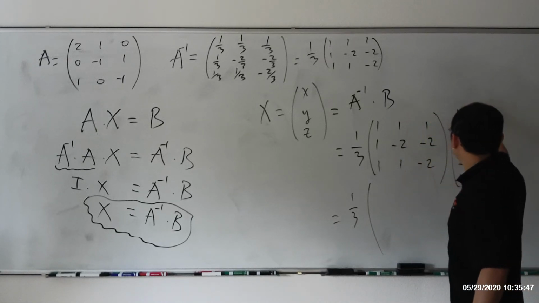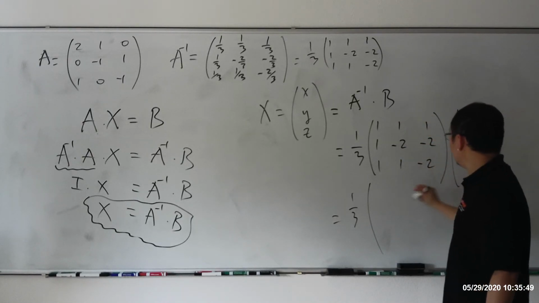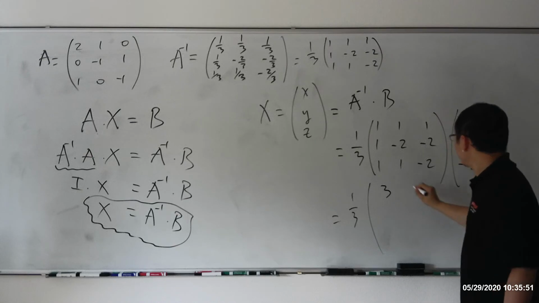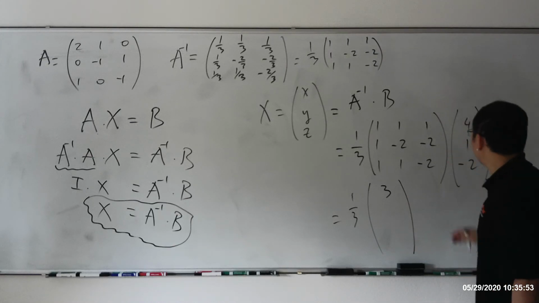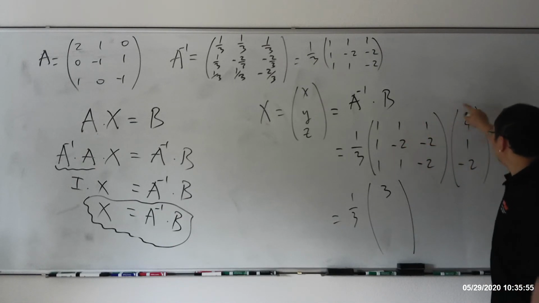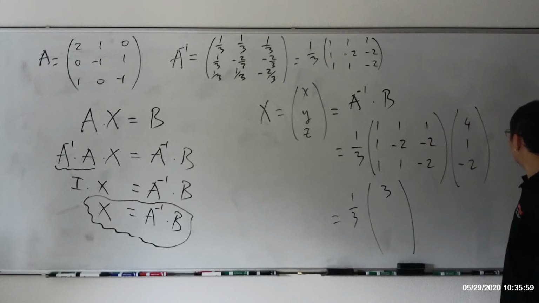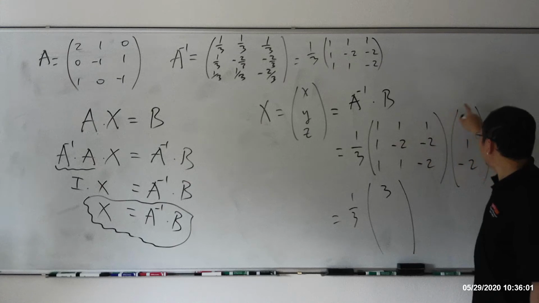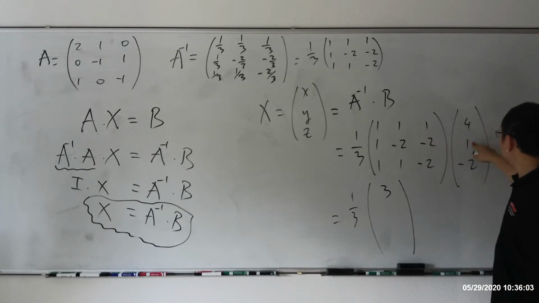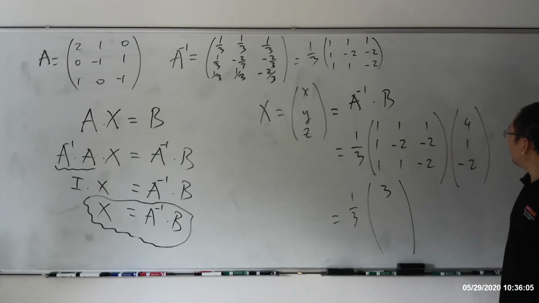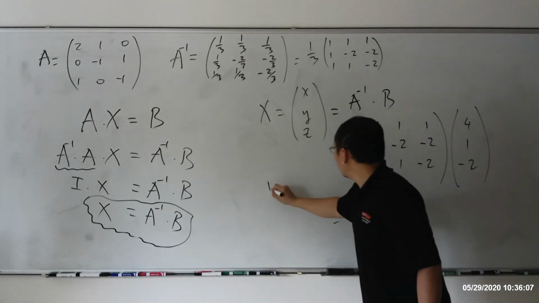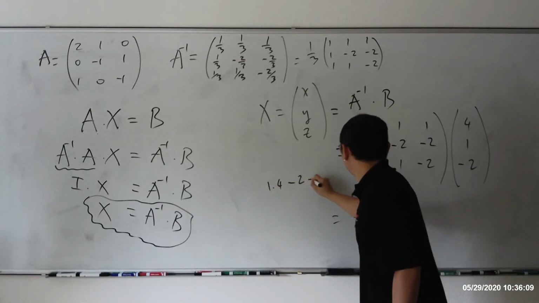1 times 4 is 4, plus 1 is 5, minus 2 is 3. And then the second row: 1 times 4 is 4, minus 2, minus 4... so 1 times 4 minus 2 plus 4.